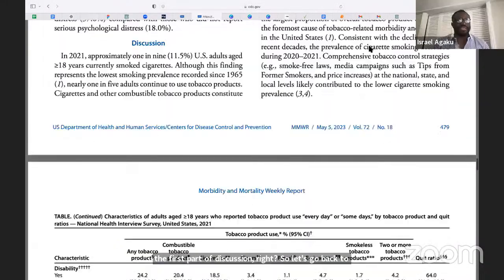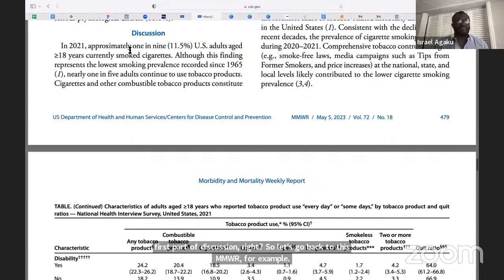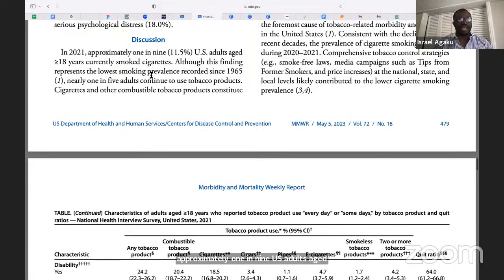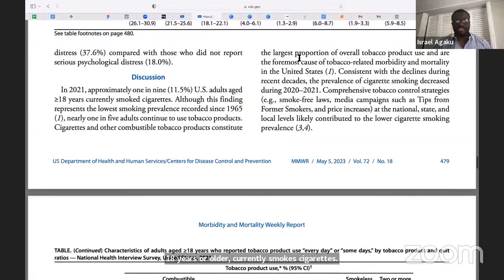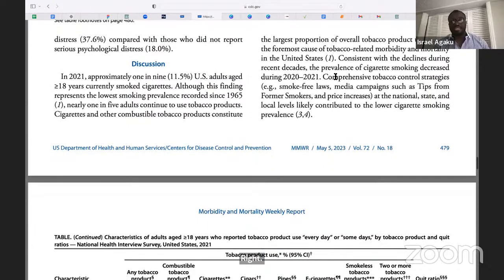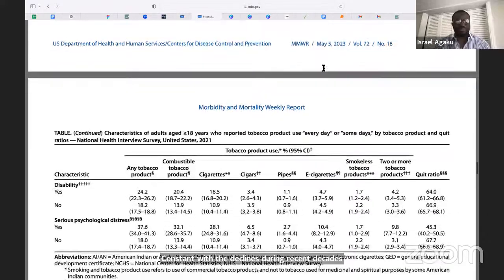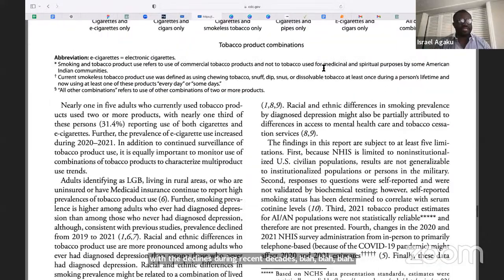The discussion here. In 2021, approximately 1 in 9 US adults aged 18 years or older currently smoke cigarettes, right? And discussing some other things consistent with the declines during recent decades. And then it explains some things, and then let's go ahead.